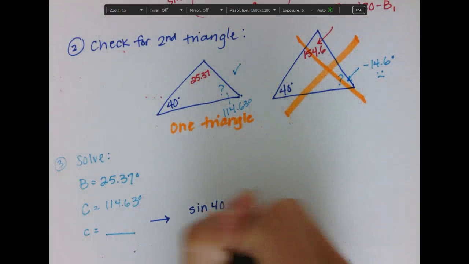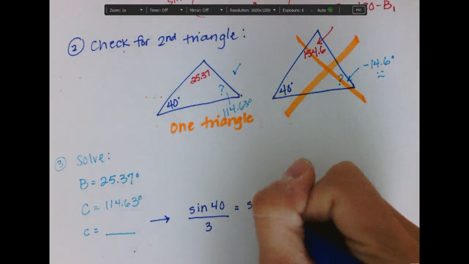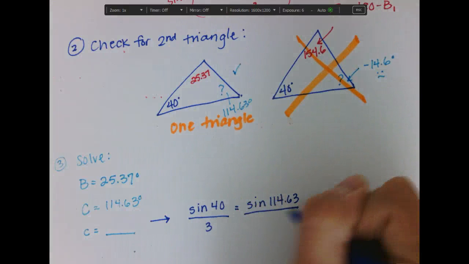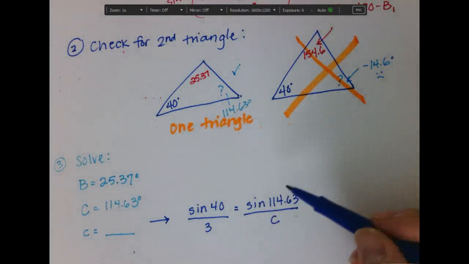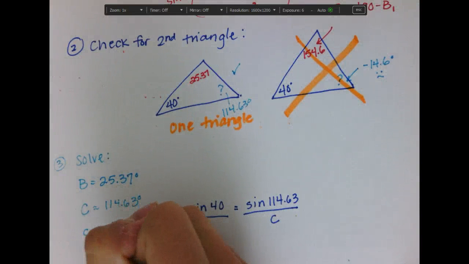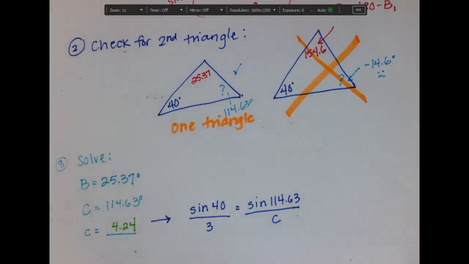So the sine of 40 degrees over 3 equals the sine of 114.63 over c. Remember, this has to be the angle opposite of c. Cross multiply and solve. You may want to pause just to make sure that you can get that answer, but it looks like that third side is 4.24.